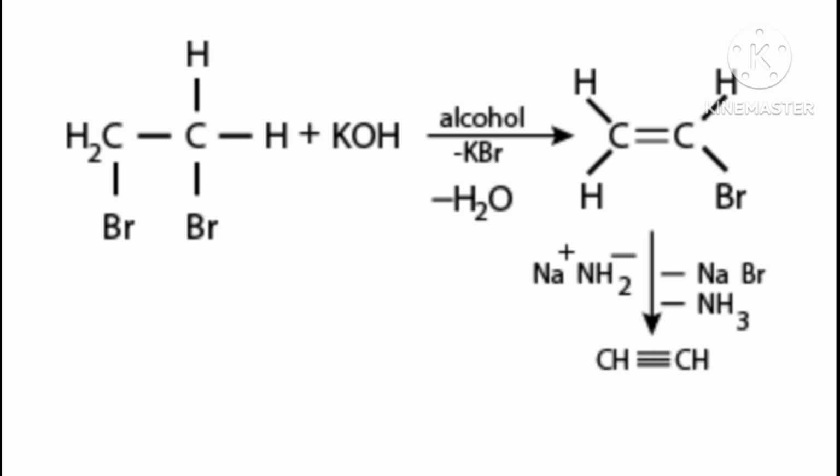You know why they are strong bases? Because sodium metal can lose the electron, that's why it is basic. Sodamide also, NaNH2, N has a lone pair of electrons, it can lose. They are strong bases.